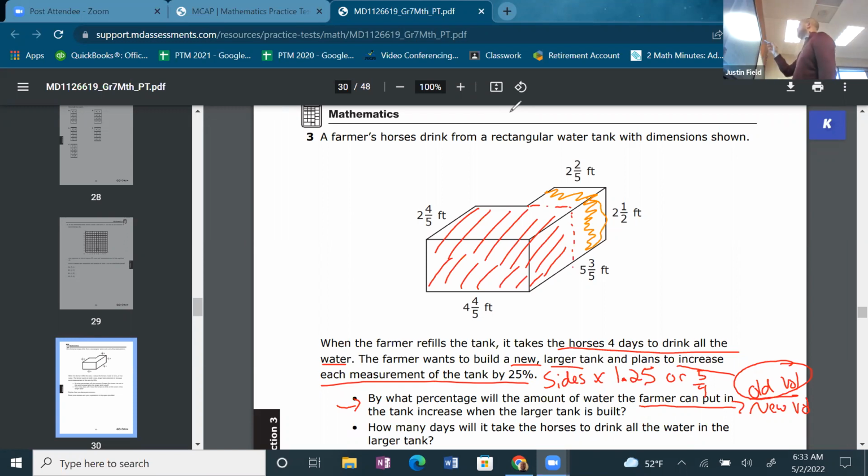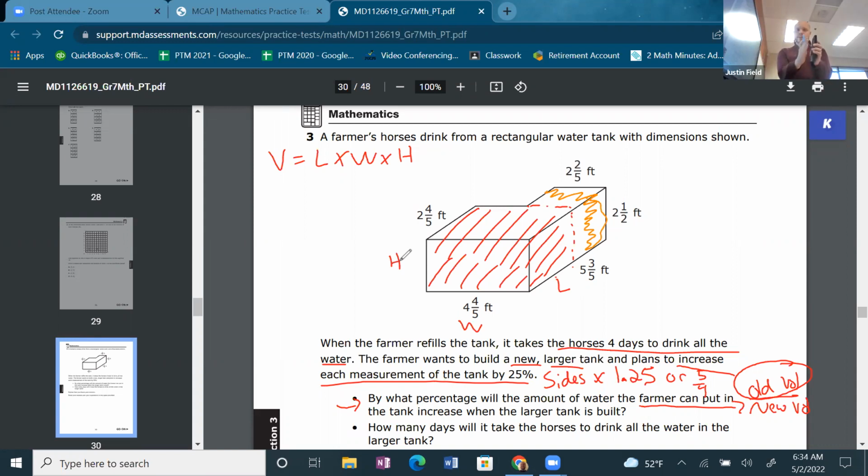All right, so the red and hey, do you know how to calculate the volume? The volume is length times width times height. So we need to identify the length, the width, and the height of the red portion and of the orange portion, and then we're going to add them together. So what is the length, the width, and then the height?